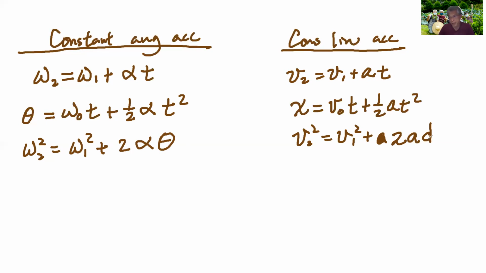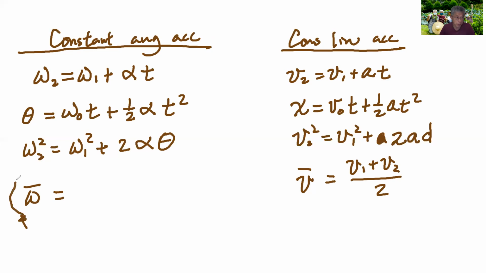Then we have V bar equal to V1 plus V2 divided by 2. On this side, V bar becomes omega bar, where the bar means average, equal to omega 1 plus omega 2 divided by 2.